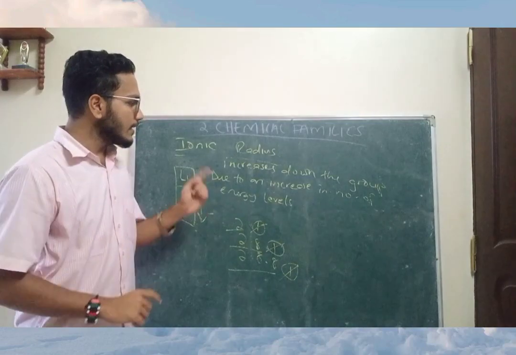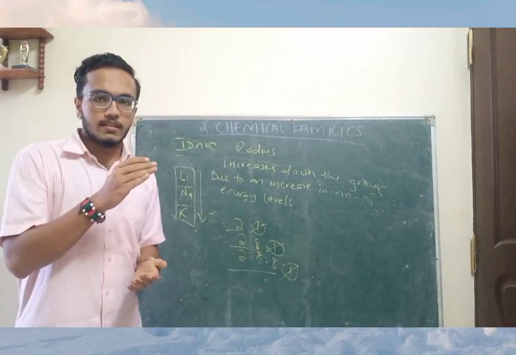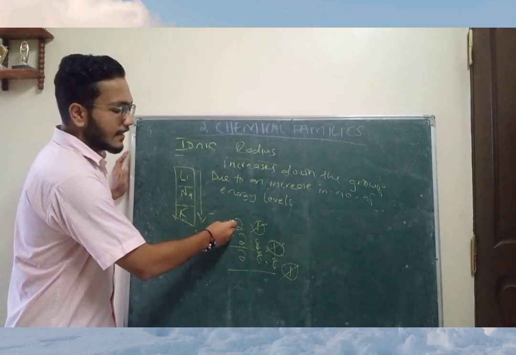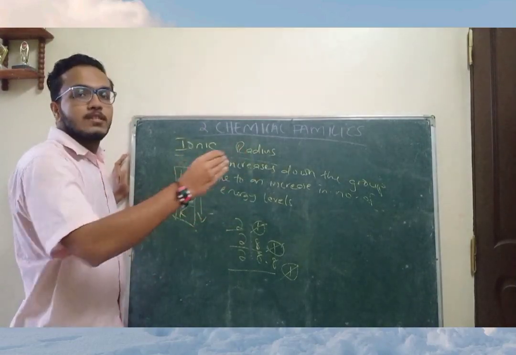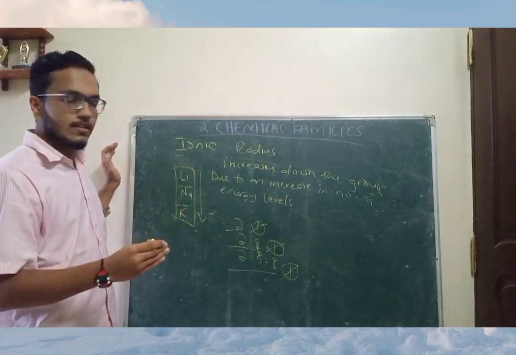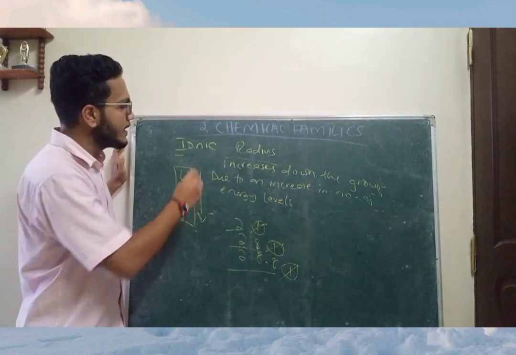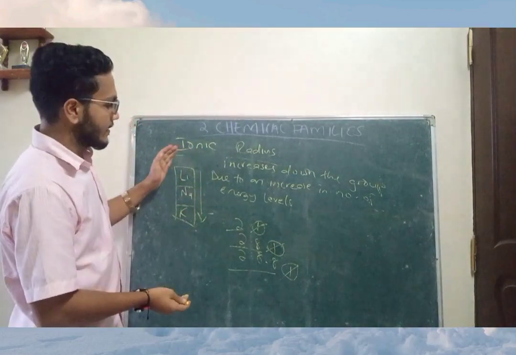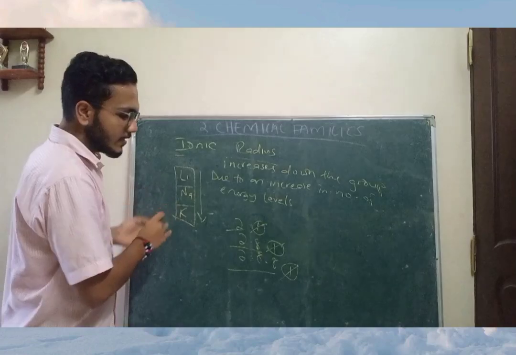Please note that alkali metals lose the valence electron and hence lose the whole energy level, and this applies to all. So lithium loses 1 energy level, sodium 1 energy level, and potassium 1 energy level to obtain octet stability, and the ionic radius is greater down the group. It increases down the group.